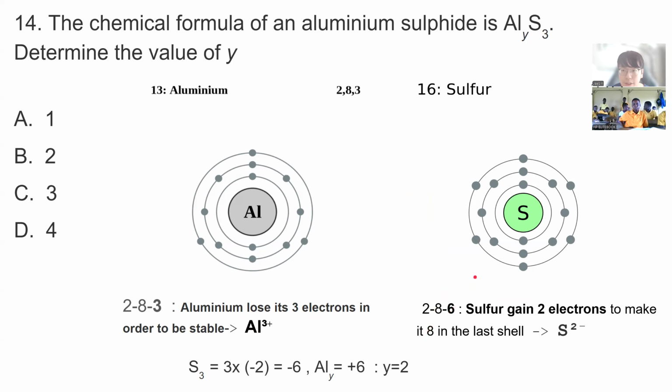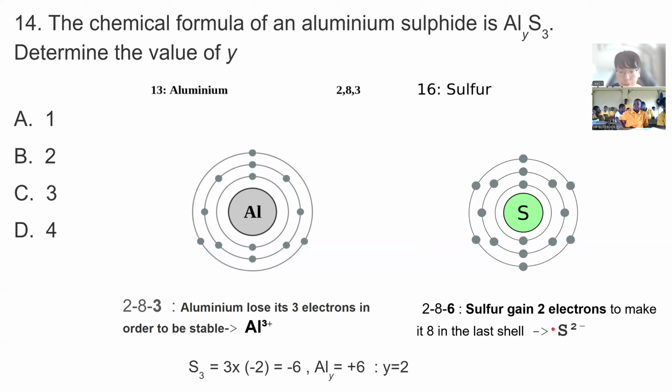Since 6 is closer to 8 than to 0, sulfur wants to gain electrons. Sulfur therefore gains 2 electrons because 6 plus 2 makes up 8 in the last shell, which is stable.